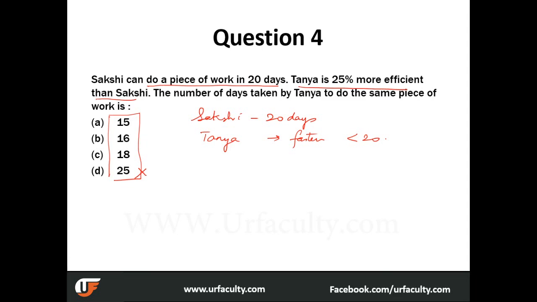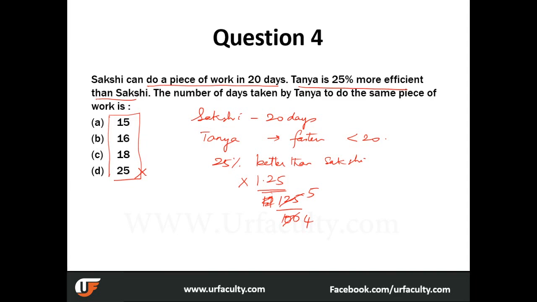Now Tanya is 25% better than Sakshi. And if it is 25% better, what do we do? We multiply that certain quantity by 1.25. Here, for our quick calculation, 1.25 can also be written as 125 by 100, which is 5 by 4.